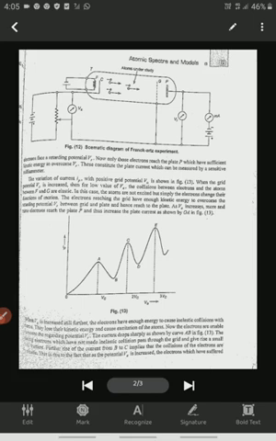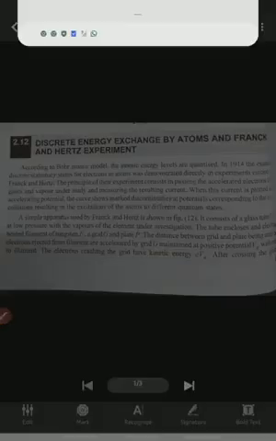Between two peaks is a critical potential. Vc is called the critical potential, where electrons reach maximum velocity. These peaks we call the critical potentials, Vc, 2Vc, 3Vc. So this is the information about the Frank and Hertz experiment.